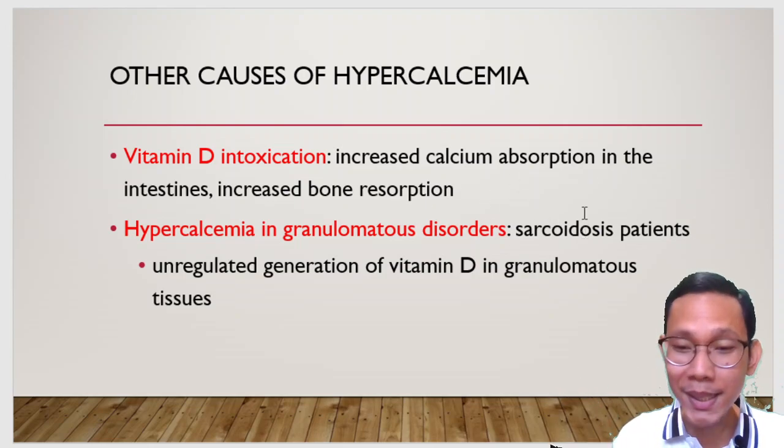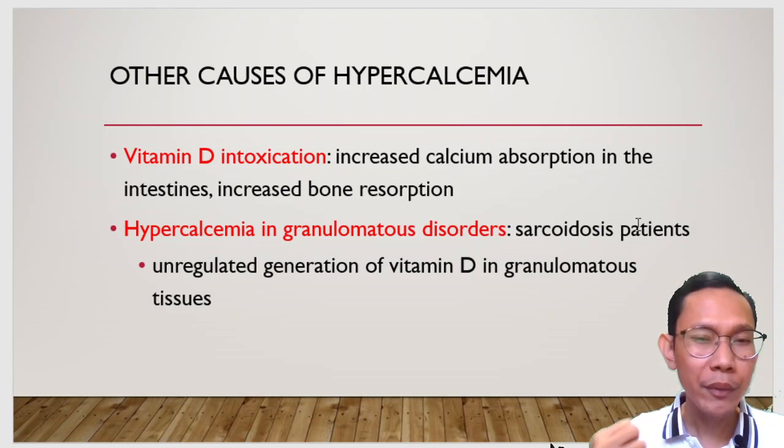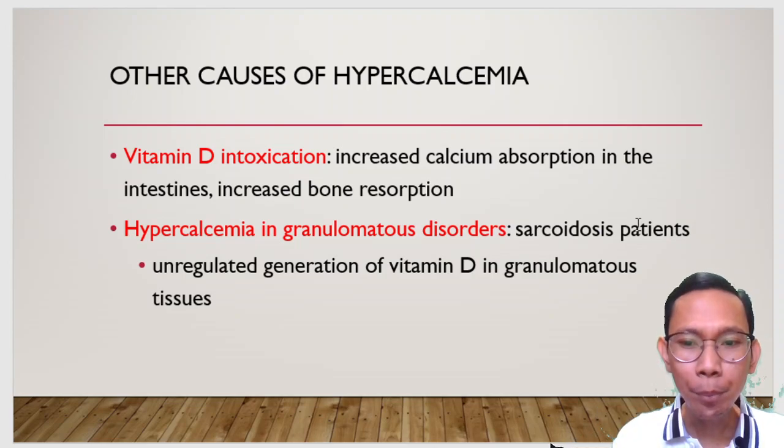But basically, the patient will have severe respiratory distress kasi nga they have this inflammation within your lung parenchyma. The hypercalcemia in your granulomatous disease is brought about by unregulated generation of your vitamin D. So in short, you are producing an increased amount of vitamin D, and this can lead to hypercalcemia.